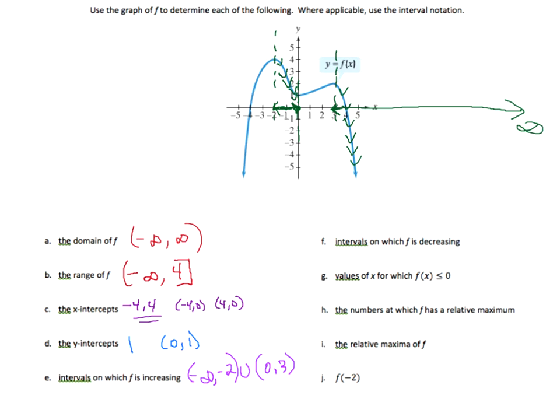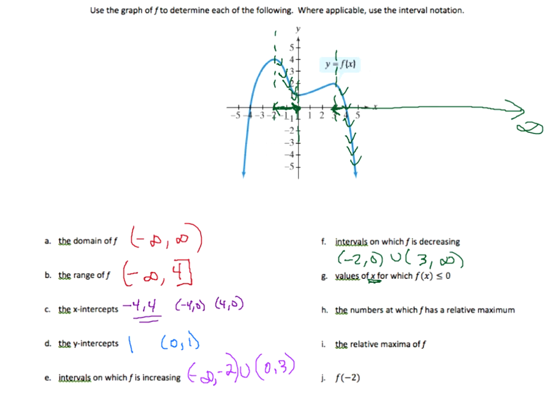So my decreasing intervals are between -2 and 0, and between 3 and positive infinity. So -2 to 0. Notice I never use brackets with increasing and decreasing. And then 3 to positive infinity.